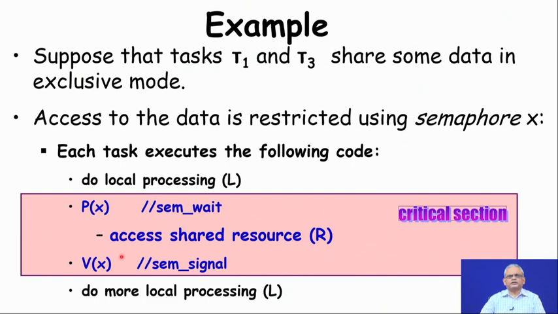And after the part of the code using the shared resource is over, they execute the instruction Vx, which is signal semaphore to release the resource, and then more local processing without using the resource. The part of the code in which the shared resource is used by a task, starting with the wait and till the signal, is the critical section of the code.